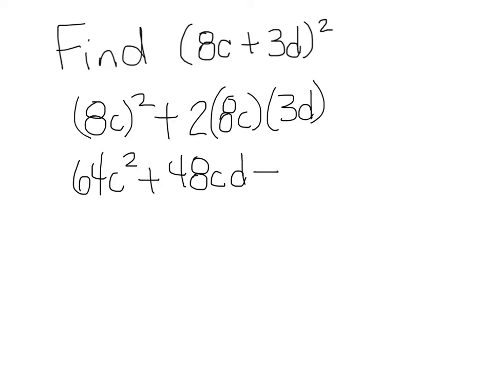And then last, our special product rule said to square the last term. Excuse me, that should be a 3, not a 2. So we've got 3d squared, which would be 9d squared. Take a look at that and let me know how you did on it. If you have questions, be sure you bring those questions to class and ask me.